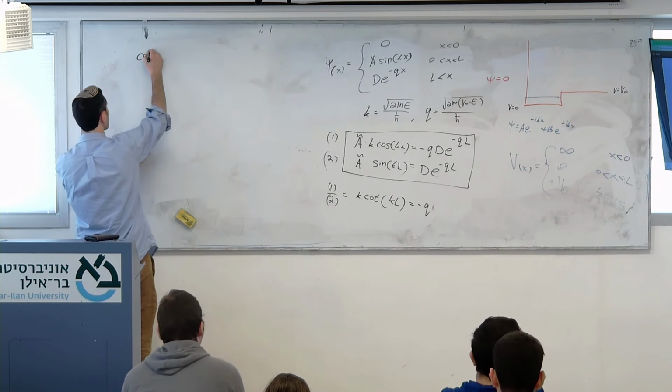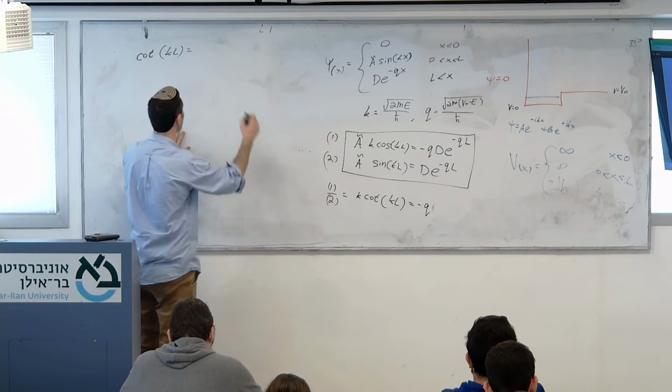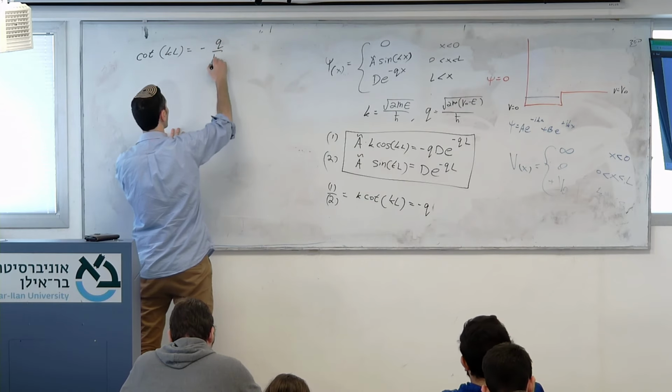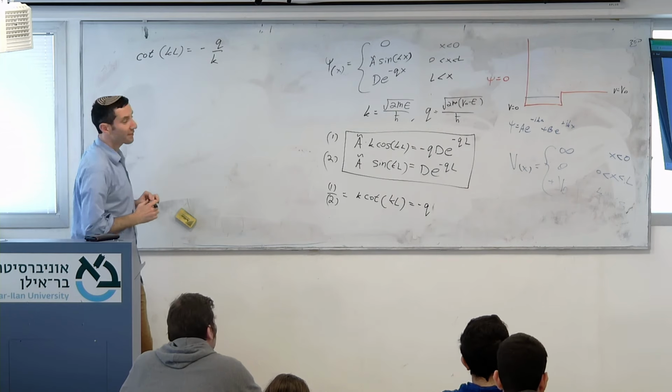So cotangents of KL is equal to minus Q over K. Hey, that's exactly what it says here. Now I'm happy. This was my goal.